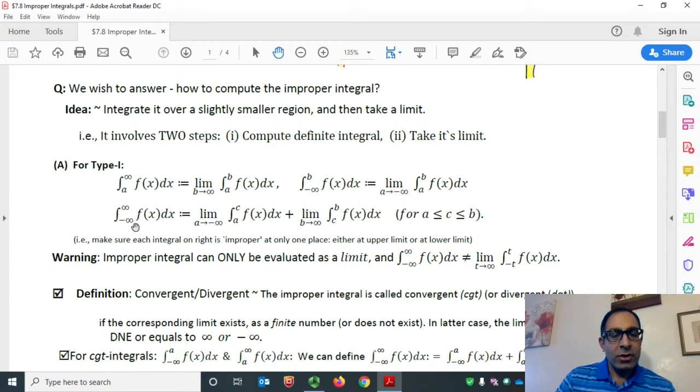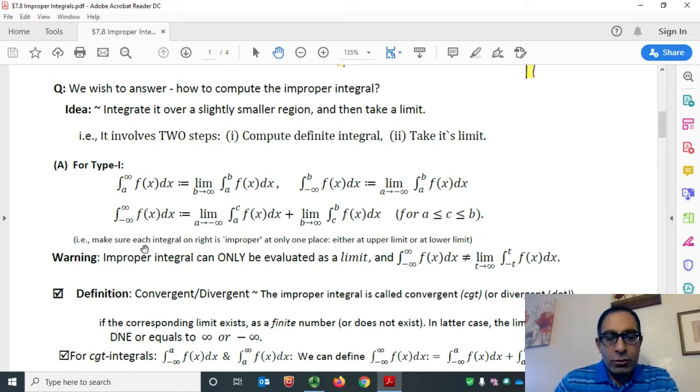I need to truncate it at a certain point c, and then the same idea for the negative infinity: take the limit as a goes to negative infinity of the integral from a to c of f(x) dx, plus truncate at a certain finite number b, evaluate the definite integral from c to b of f(x) dx, and then take the limit as b goes to positive infinity. I hope it makes sense to you all.